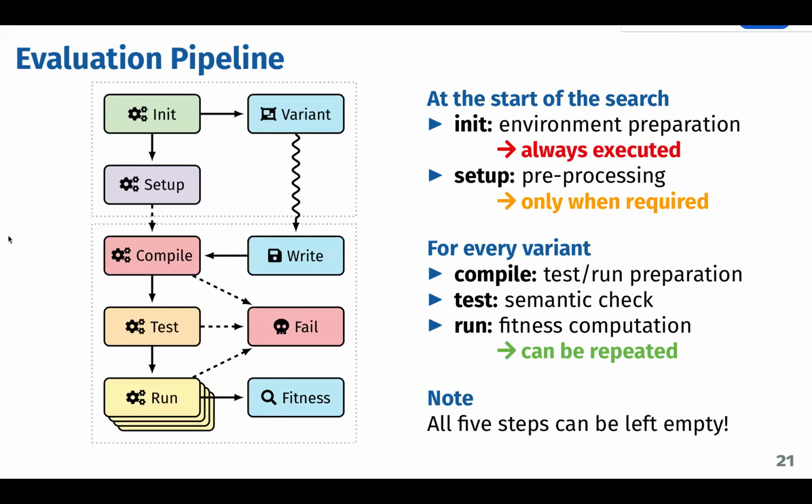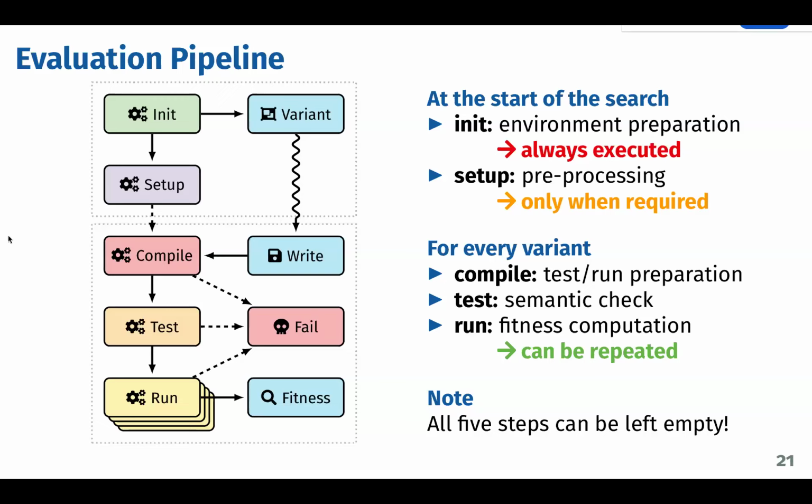As you just saw, you need to provide Magpie with the commands that it will automate. There are five commands that you can provide: init, setup, compile, test, and run. Two of them, init and setup, will be applied at the very start of the search, and three are executed once for every variant that Magpie will evaluate.